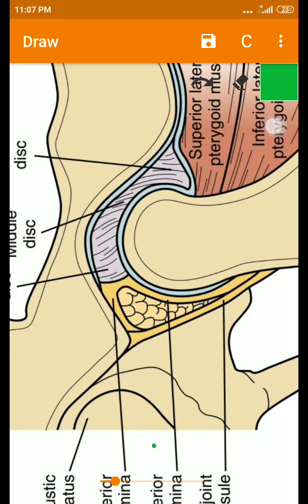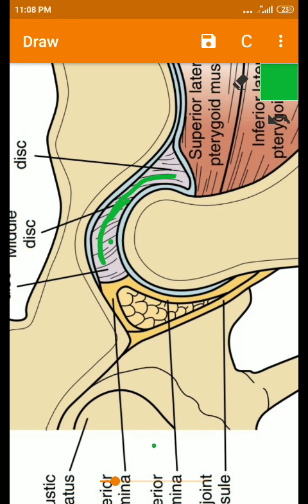Coming to the composition of the articular disc, this disc primarily consists of collagen, GAGs, that is glycosaminoglycans, and elastin. Collagen is largely responsible for maintaining the shape of the disc, that is the biconcave shape, and elastin contributes to the disc's ability to regain its normal position after unloading.